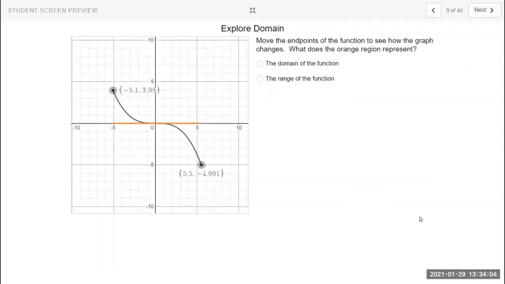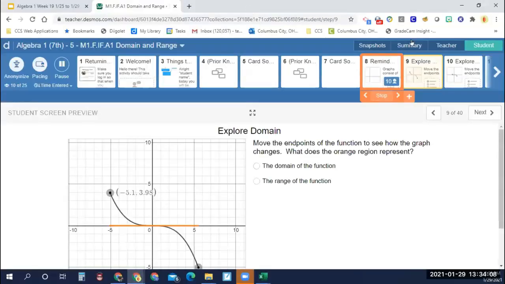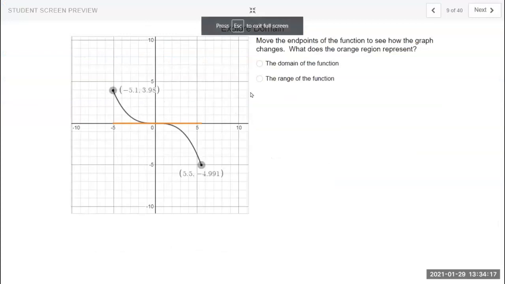These are our last 2 slides. Whoops, except I need to bring you guys with me, sorry. This one is about domain. It says, move the endpoints of the function to see how it changes, and watch the orange line as I move these endpoints.